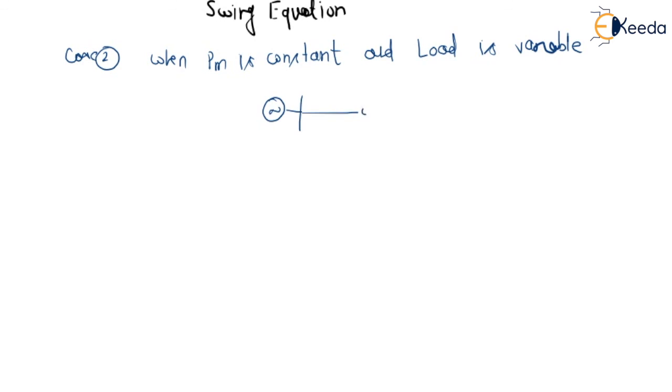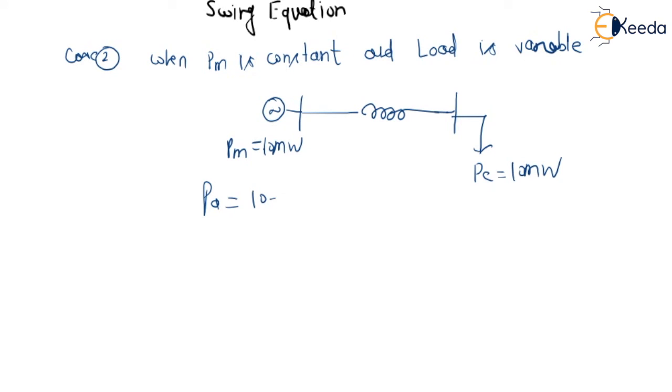Initially PM was 10 megawatt and PE is equal to 10 megawatt. So PA is equal to PM minus PE, 10 minus 10 is equal to 0. Without any disturbance, there was no accelerating or decelerating torque on the rotor.